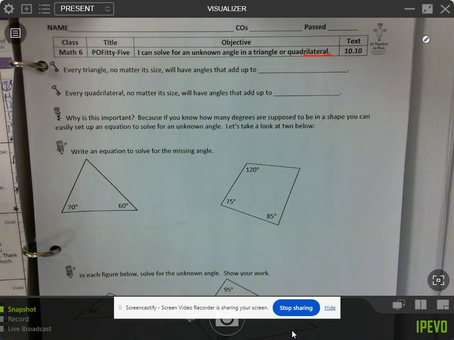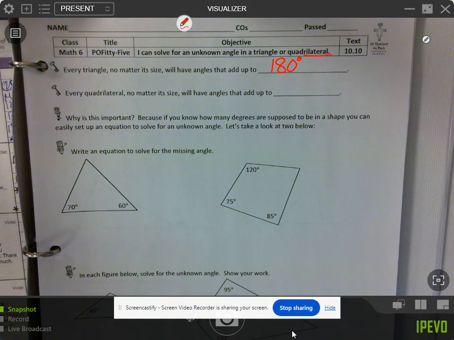So every triangle, no matter its size, the angles add up to be what, everyone? 180 degrees. So every quadrilateral, no matter its size, will have angles that equal what?